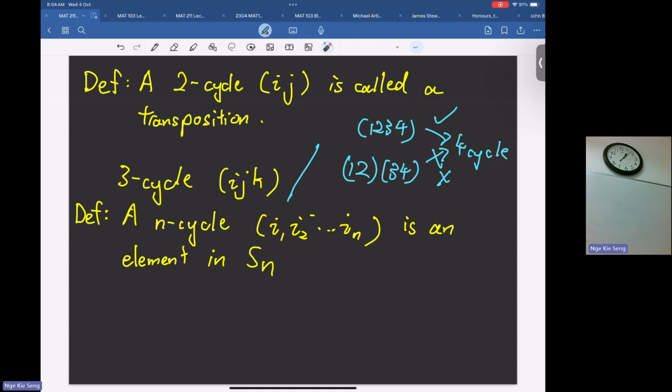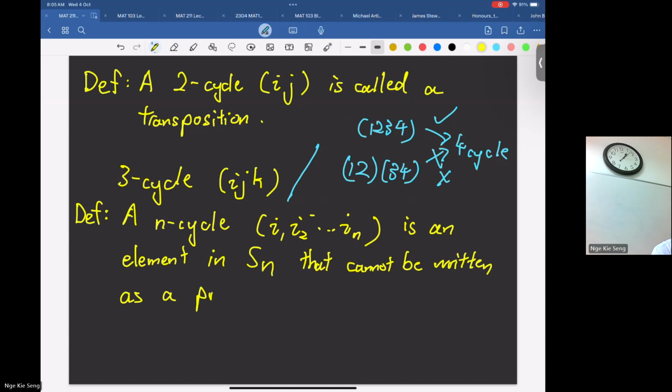Okay, so a product of disjoint cycles. Meaning an n cycle is an element in Sn that cannot be written as a product of disjoint cycles.